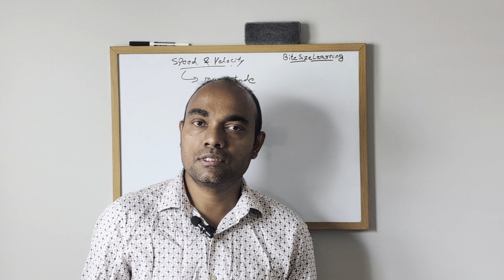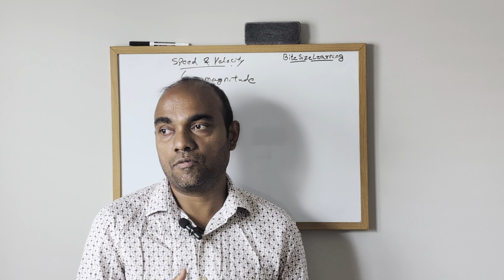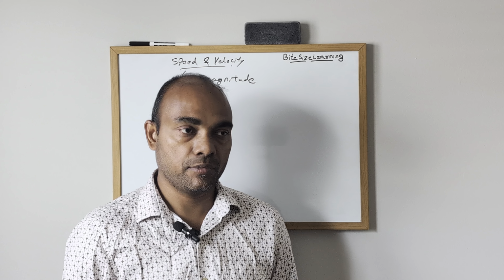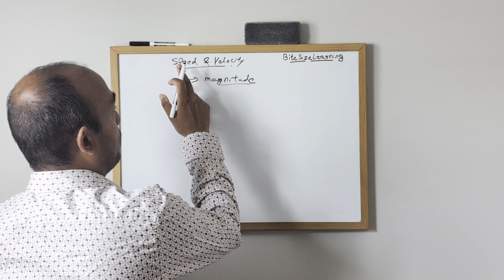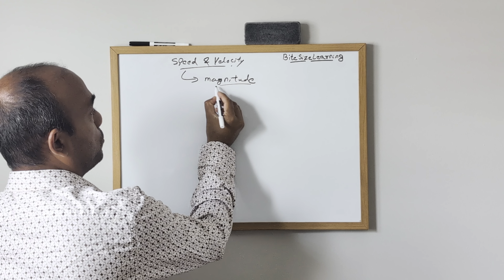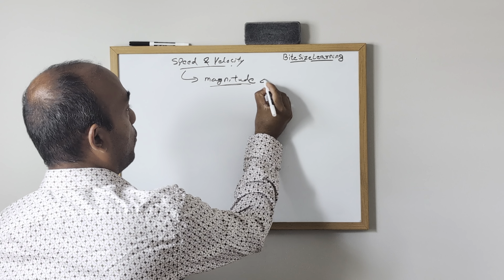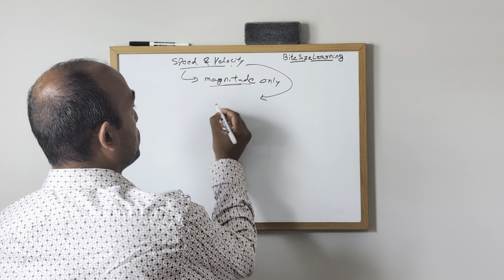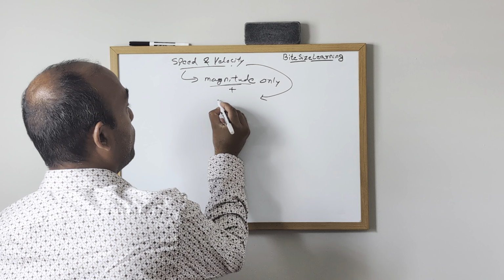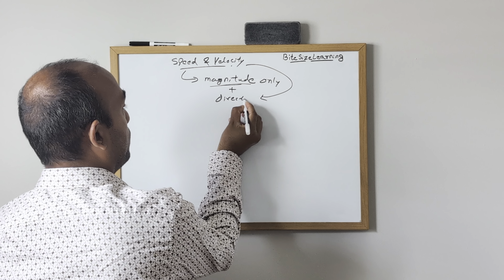So magnitude is the size or extent of a physical entity, anything, right? So that is magnitude. Now, when you talk about speed, you talk about magnitude only, right? But when you talk about velocity, you will talk about magnitude plus direction, right?